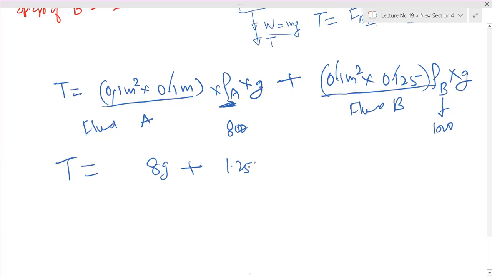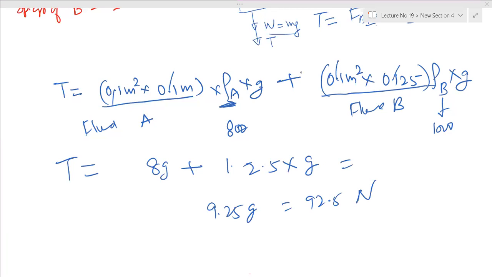So you write 12.5 into g. So your 9.25 g, so 92.5 Newton. Okay, I think I am wrong somewhere.